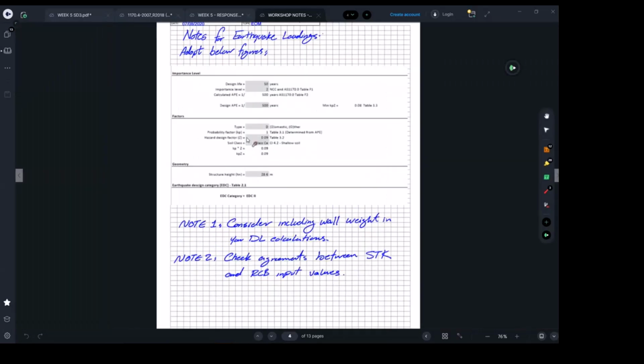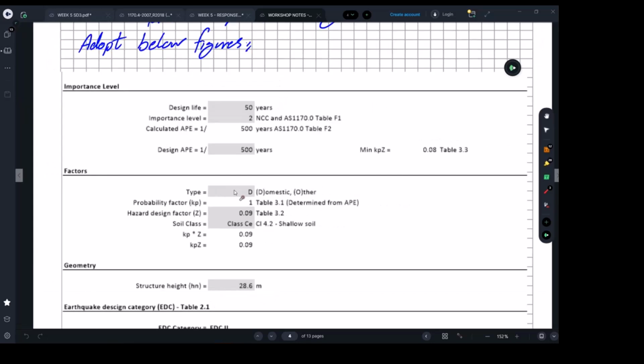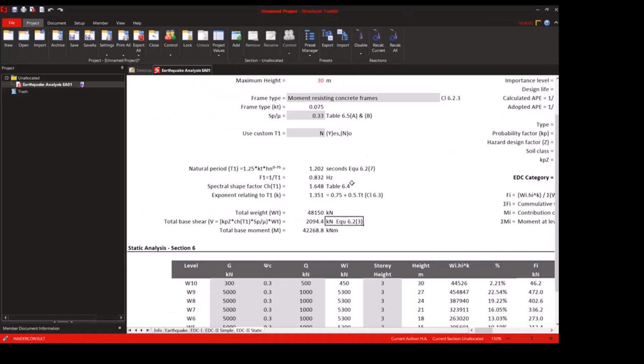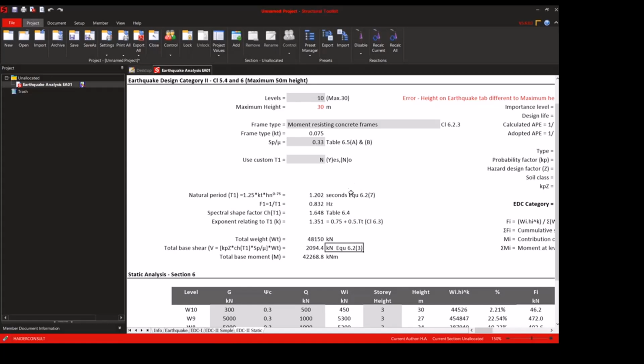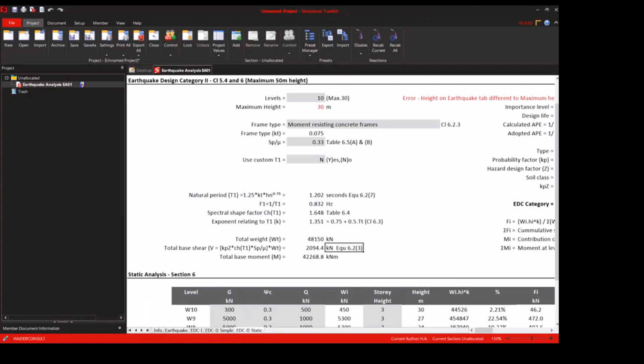The previous table said to put the value of T1 as it is or use a custom T1. Use custom T1, I'm with you. Now, K1 is actually a function of this, isn't it? These parameters are unchangeable. T1 should be the same.